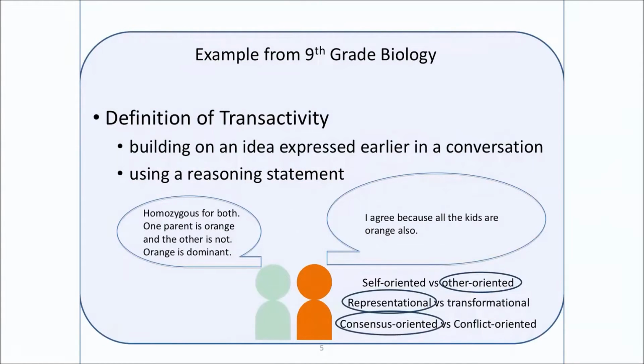The simple idea behind transactivity is that a transactive contribution is one in which a student articulates their reasoning, in other words, displays the mechanism that they understand is behind an idea that they're expressing, and they make a connection with that expression to some previous expression of idea or reasoning from earlier in the conversation.